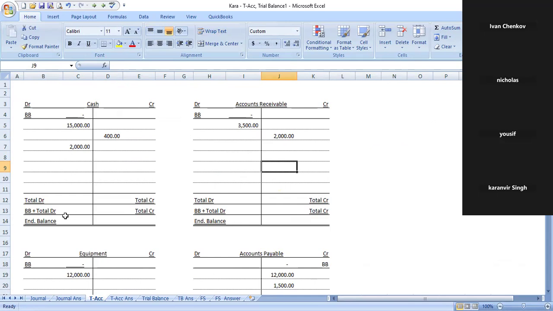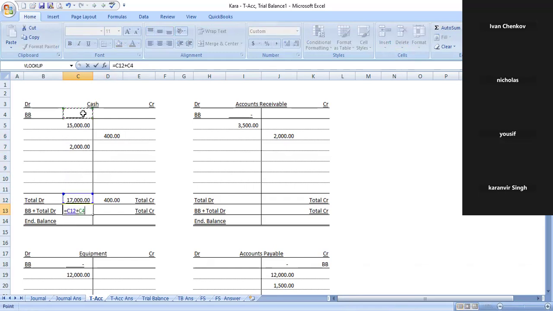So what we're going to do here is get the total debit and credit. That will be one way, the longest way to do it. I'm going to show you this only on the cash, and after that I'm going to go with the shortcut. One option is to get the total debits and the total credits. Next, to the total debit, add the beginning balance.